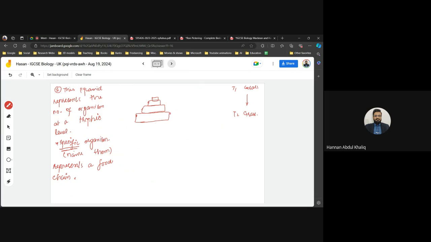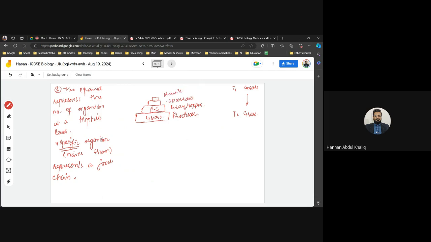Suppose I have drawn a pyramid. This would be represented by the grass, because the grass has many individuals at the producer level. Then the primary consumer, maybe a grasshopper, which has a smaller number than the producer. Then the tertiary consumer may be a sparrow, and then a hawk.